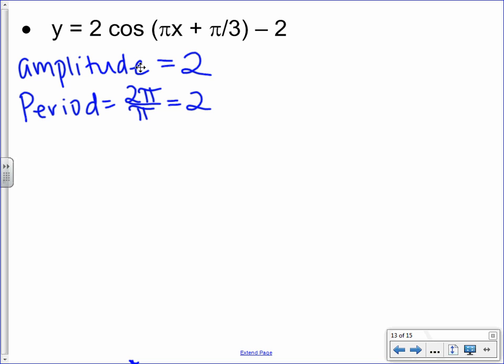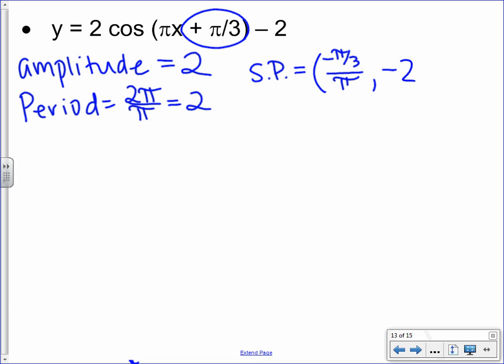It's perfectly normal. Our starting point is going to be c over b comma d. Here is our c, except remember it's bx minus c, so c is really negative pi over 3, divided by b, and then our d is negative 2 because we have negative 2 subtracted at the end.